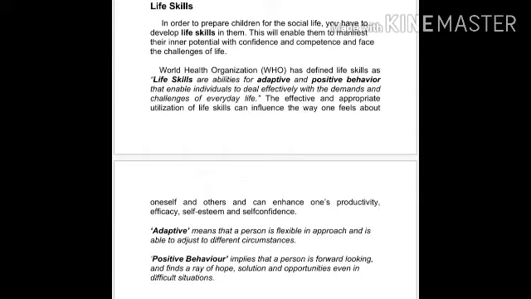In particular, life skills are a group of psychosocial competencies and interpersonal skills that help people think critically and creatively, make informed decisions, solve problems, communicate effectively, build healthy relationships, cope with stress and emotions, and manage their lives in a healthy and productive manner.